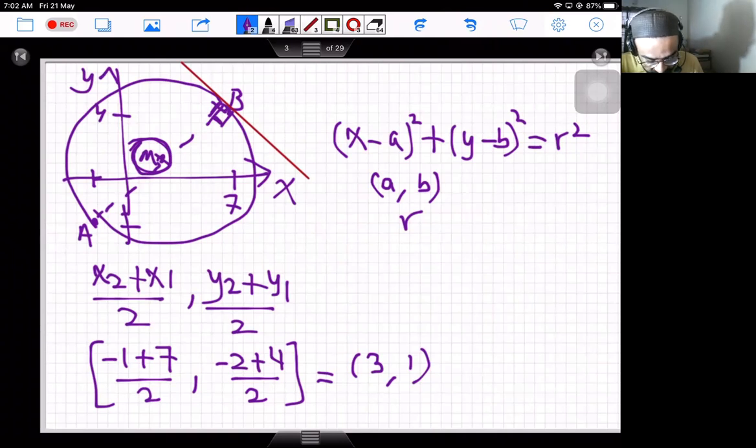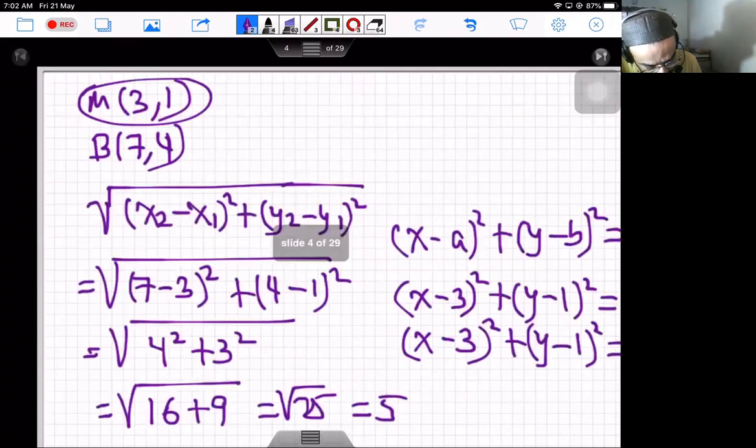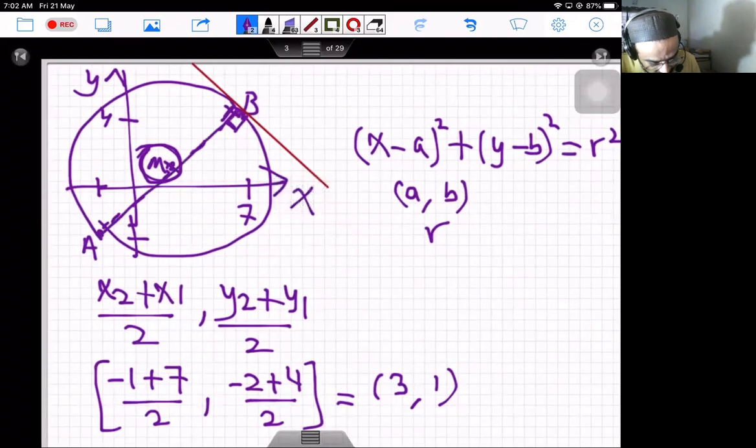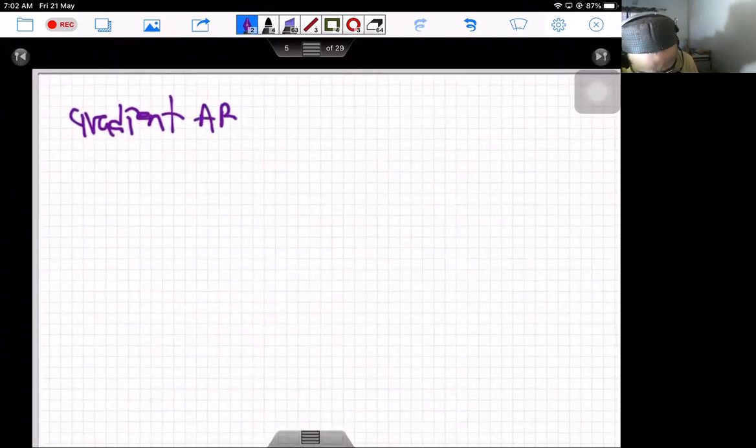So first find the gradient of MB, or the gradient of AB. A, B, and M are collinear points, so you just need the gradient of this line. You can take either AB, AM, or MB. All right, let's take the gradient of AB.